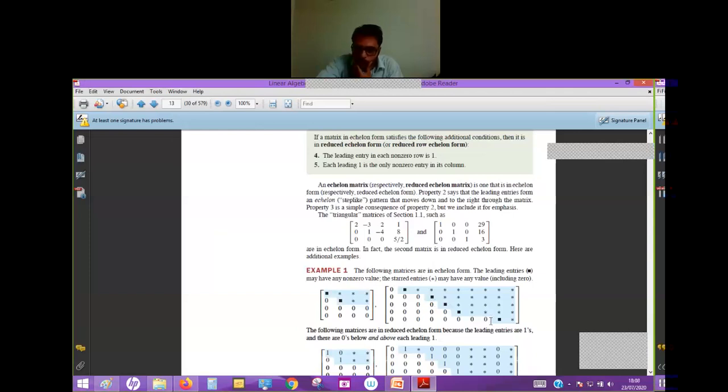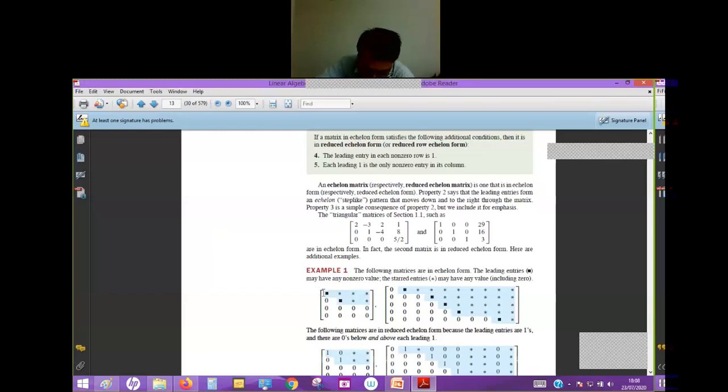So this is called echelon form, and the three properties we are seeing are these. Let's take the leading entries, that is the squares, in both the examples. The leading entries have non-zero values.